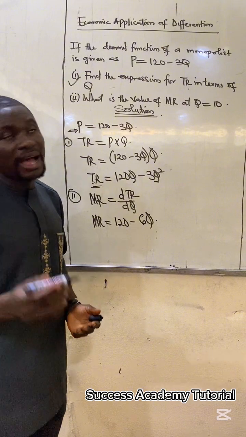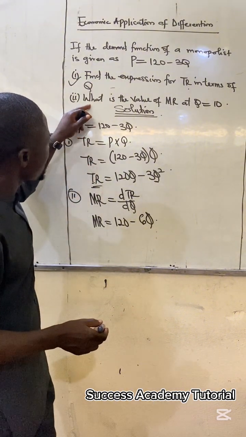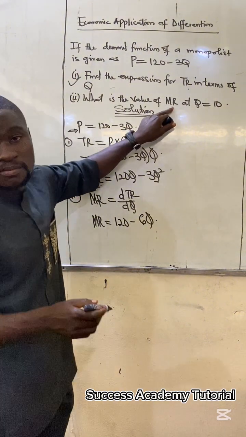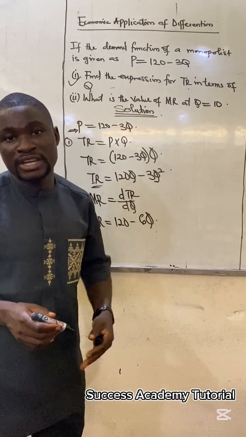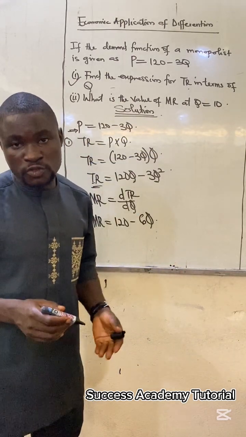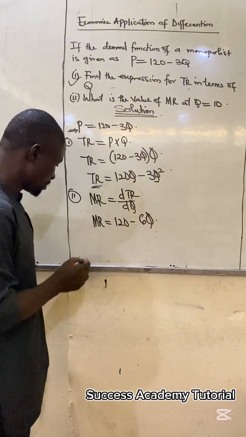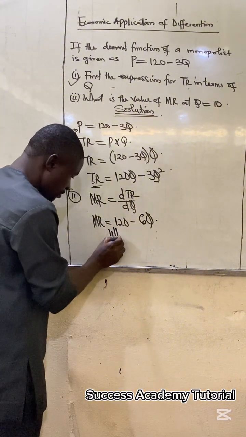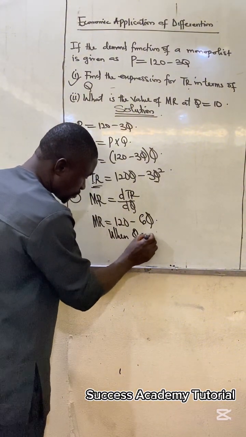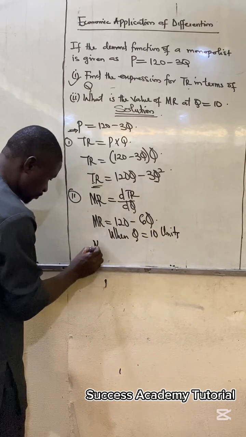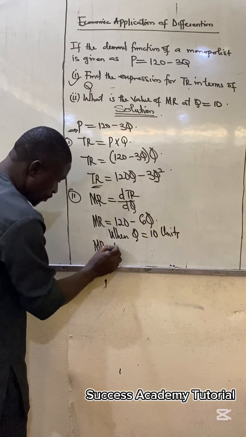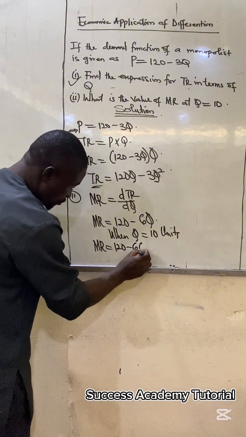And then it is asked of us, don't forget that the question says, what is the value of MR, which is marginal revenue, at Q equals 10? What would the marginal revenue be when quantity or output is equal to 10 units? So when output Q is equal to 10 units, our MR will be equal to 120 minus 6 into bracket 10.